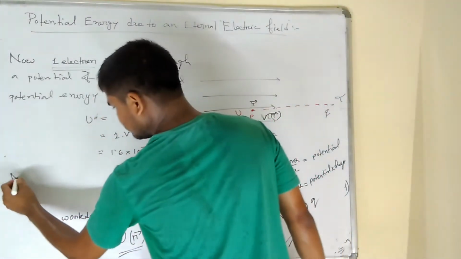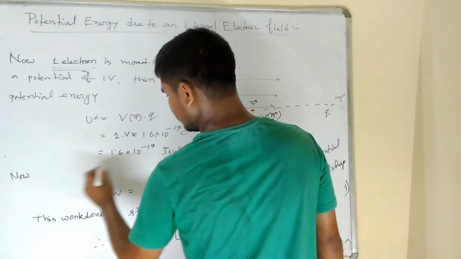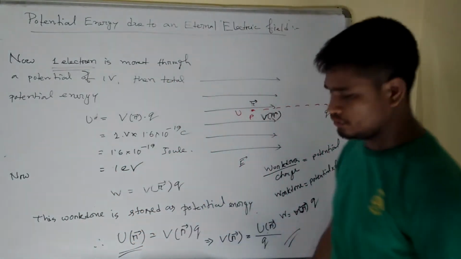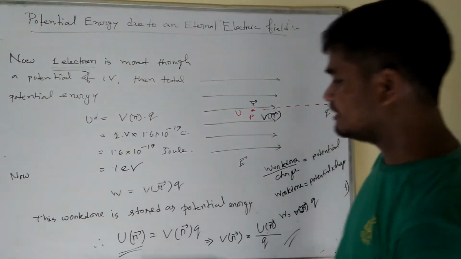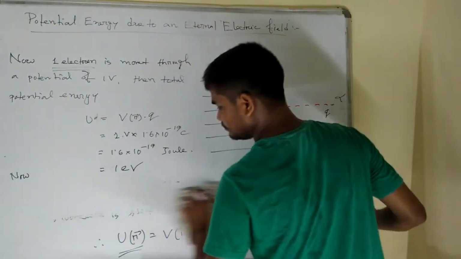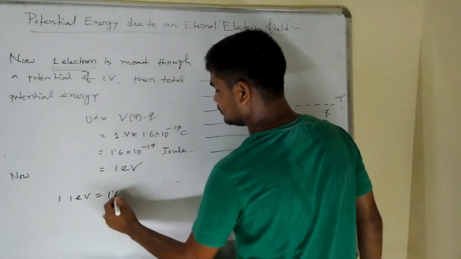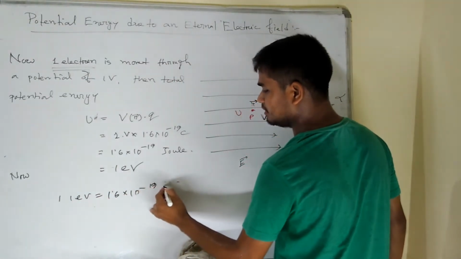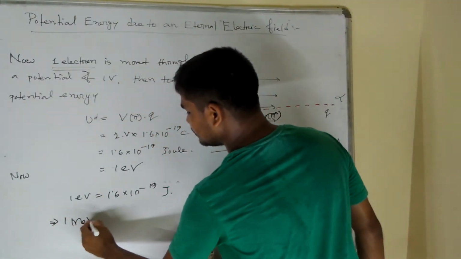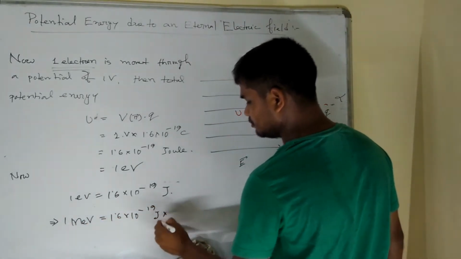Clear? Now this is equal to 1 electron volt. 1.6 into 10 to the power minus 19 joule is 1 electron volt. Okay, 1 electron volt is equal to 1.6 into 10 to the power minus 19 joule. Now 1 million electron volt is equal to 1.6 into 10 to the power minus 19 joule into how much?